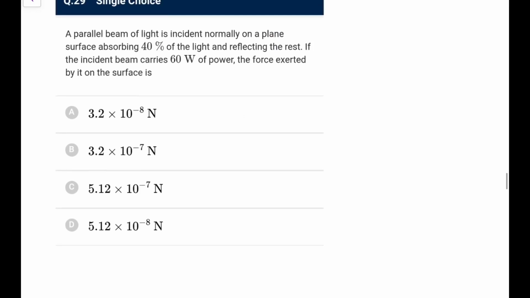A parallel beam of light is incident normally on a plane surface, absorbing 40% of the light, reflecting the rest. If the beam carries 60 watt of power, the force exerted is. So simply the force exerted, you write as the power is 60. First of all you are given the energy incident. So I can say the momentum incident would be E by C per unit time, that is 60 by C. Now we directly say the force would be the change in momentum.